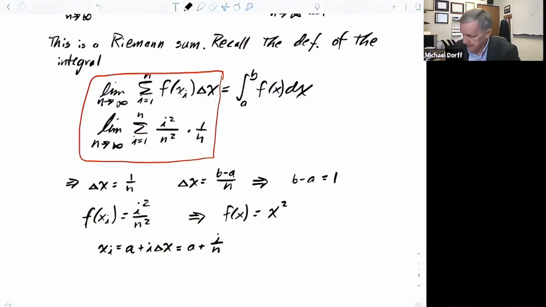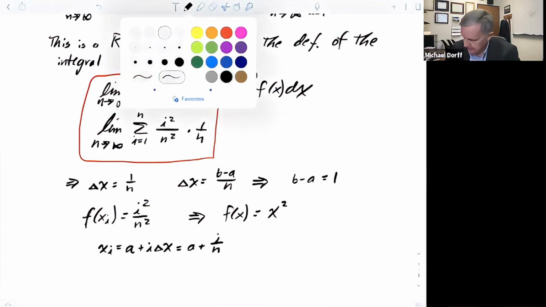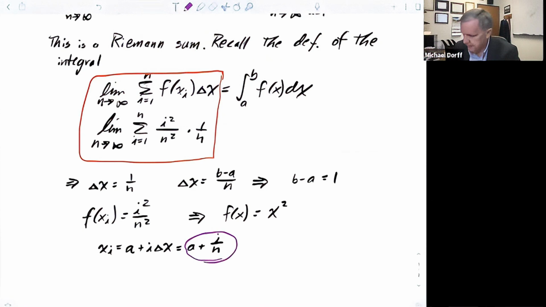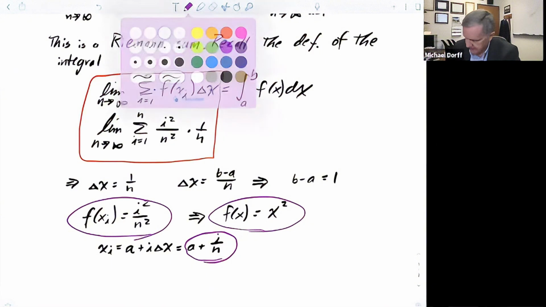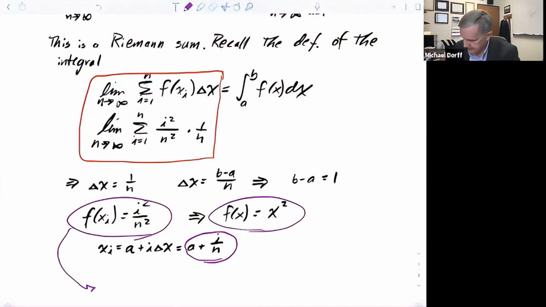Looking at this, I have here a plus i over n, and I have f of that. This suggests that x sub i is i over n, because if I put f of that, we get i squared over n squared, since f of x equals x squared.